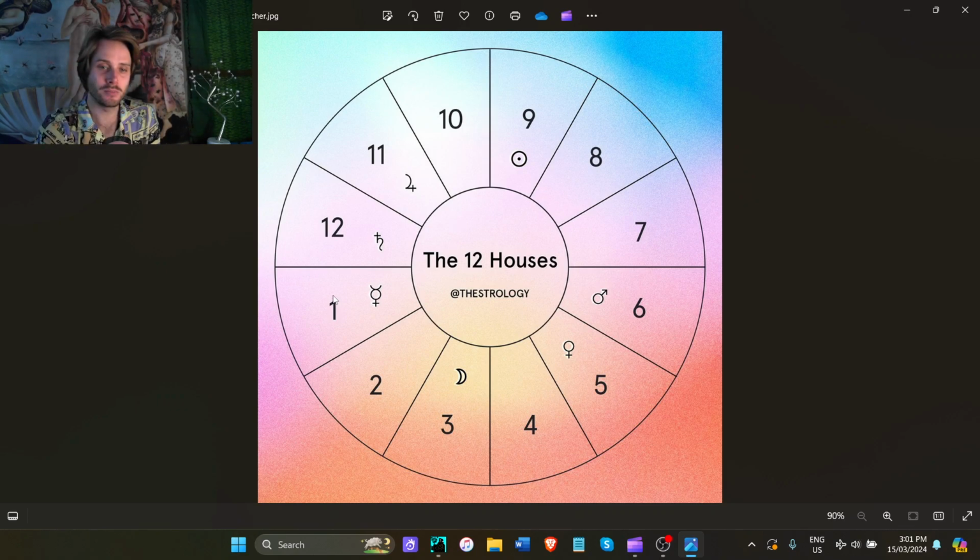And Mercury rules the ascendant because the ascendant is decided by the moment of your first breath. And they said that if you can't breathe, you can't speak.